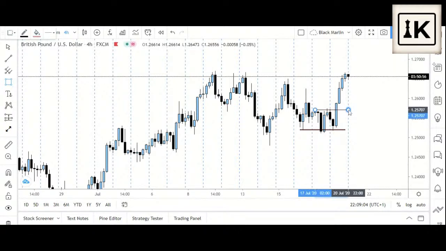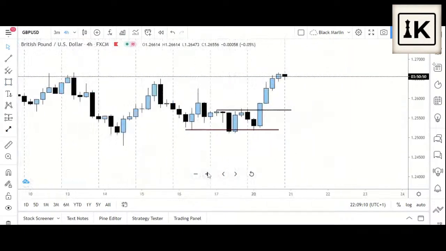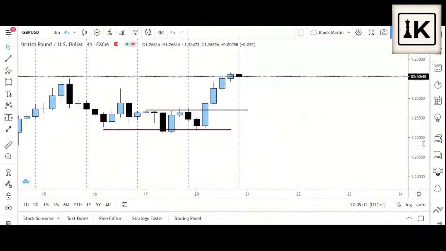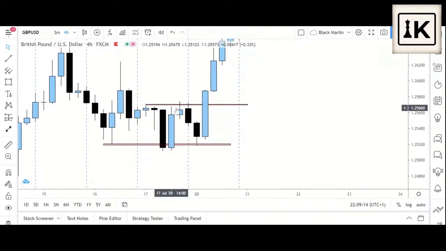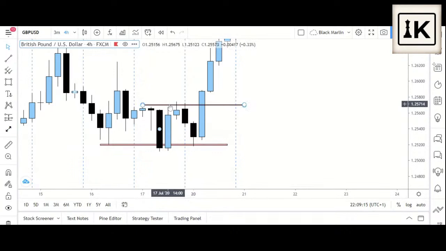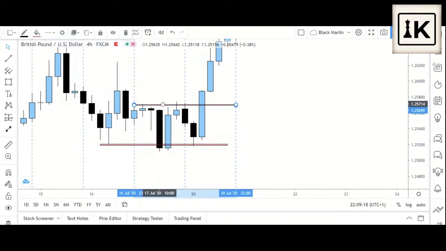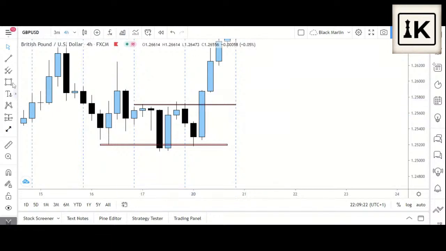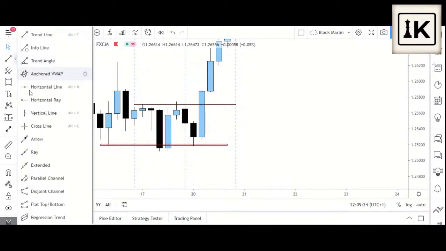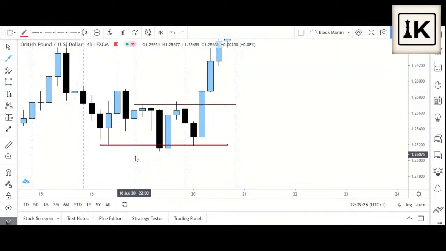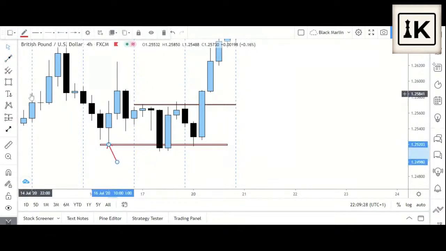See, this is where you need to train your eyes. I'm sure some of you might not have seen this. Remember when I told you about three candle formation structures? Look at this. This is the reason why I was going to take a trade. We got a stop hunt of this low.